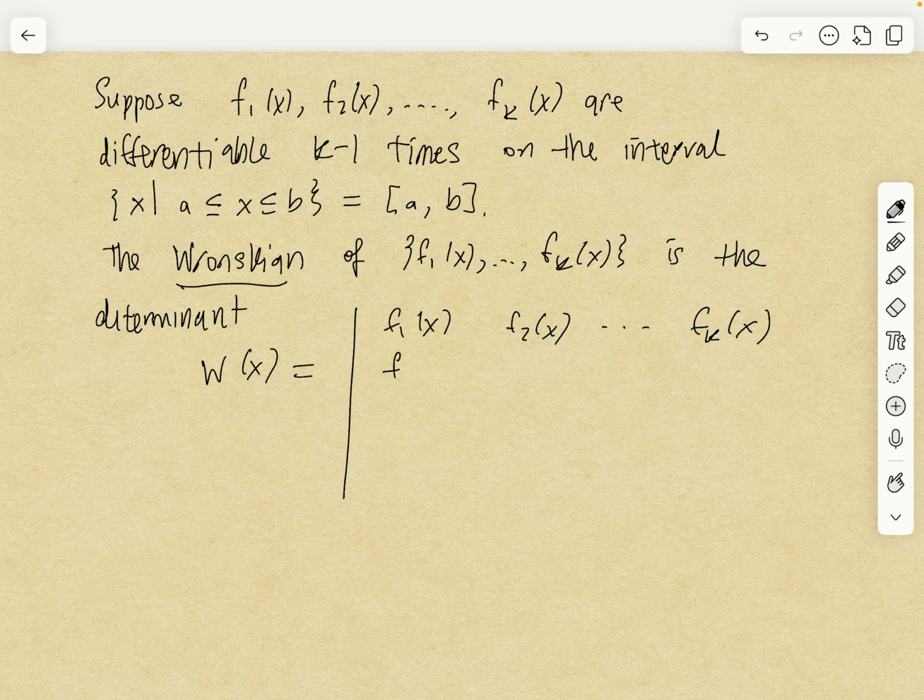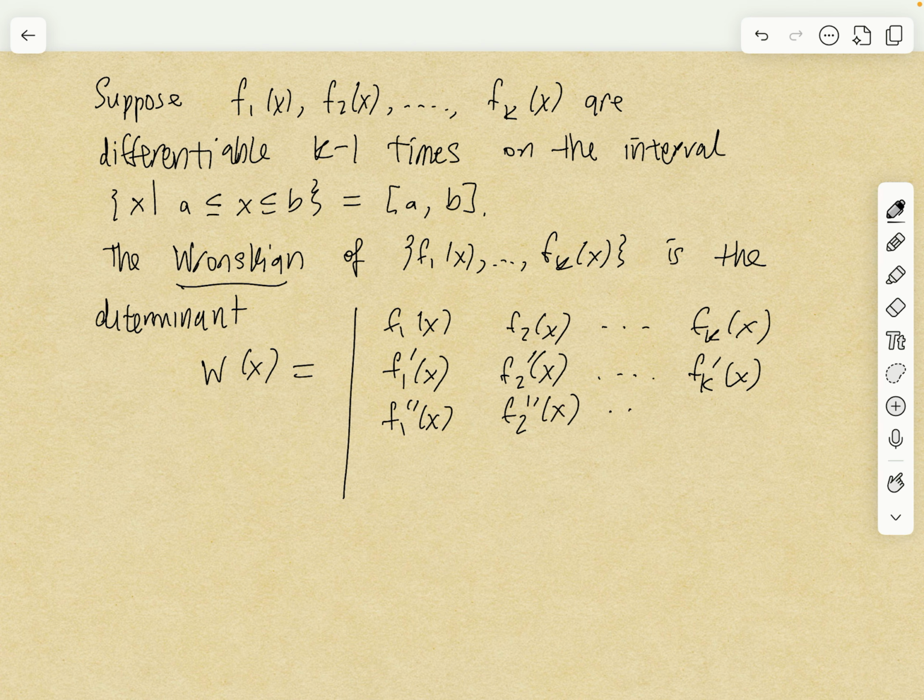And then you take the derivative. So you take the first derivative, and then the second derivative. Basically, as you go down, you take derivatives of the function above. So for the third row, you would take the derivative of f1 prime, which is the second derivative.